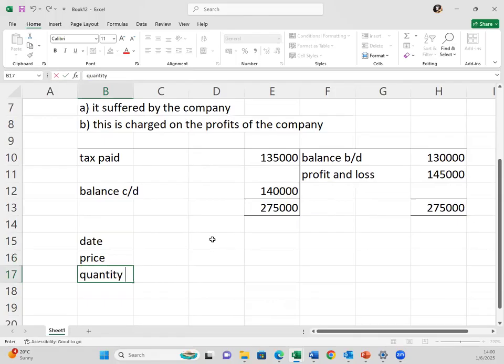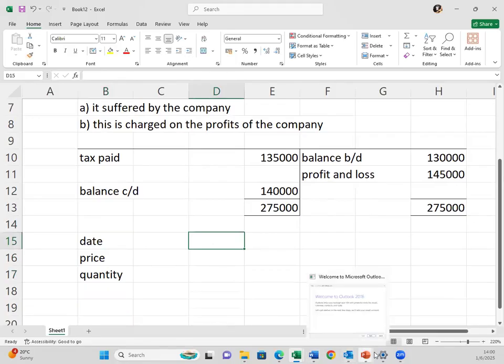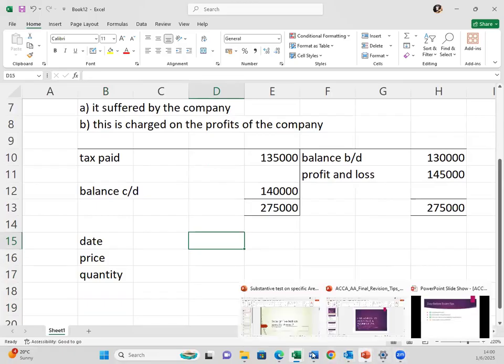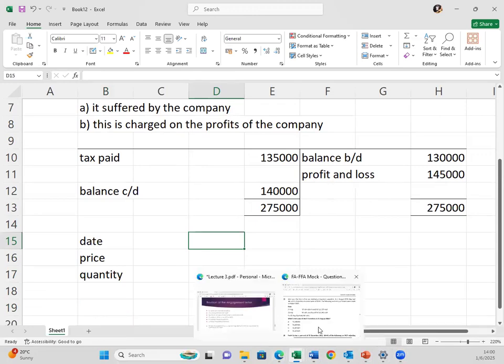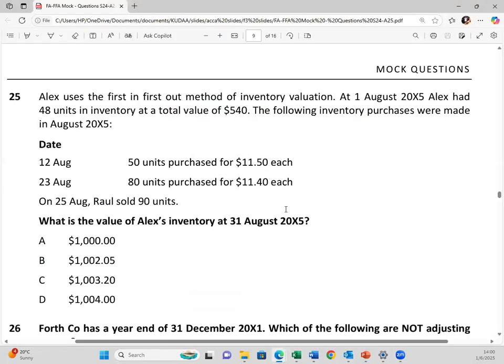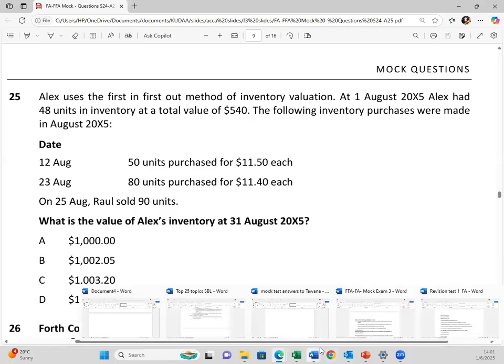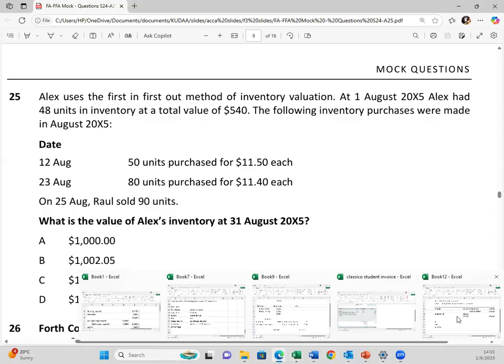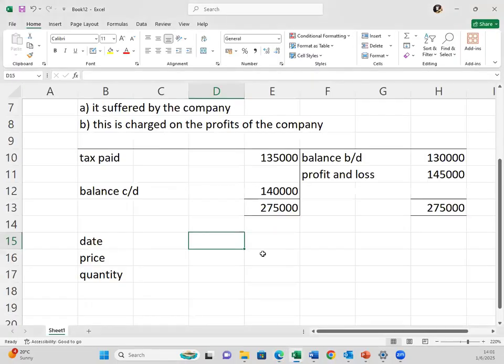We can start with the date for opening inventory. On 1 August, we had 48 units at 540. So 48 units is our quantity, and the date is 1 August.